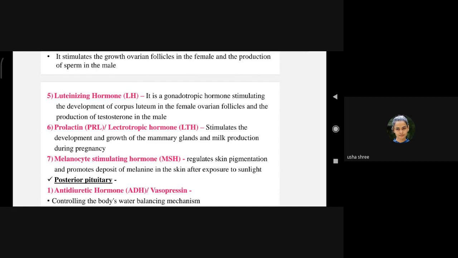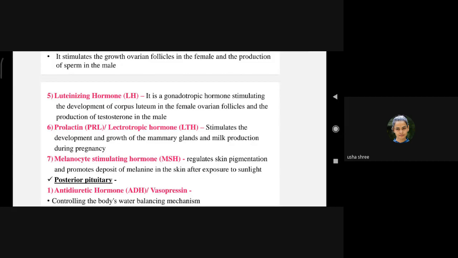As much as the dark skin you see, the melanocyte stimulating hormone, or melanin hormone, is much more in that body. Means darker skin is directly proportional to melanocyte stimulating hormone or melanin hormone.